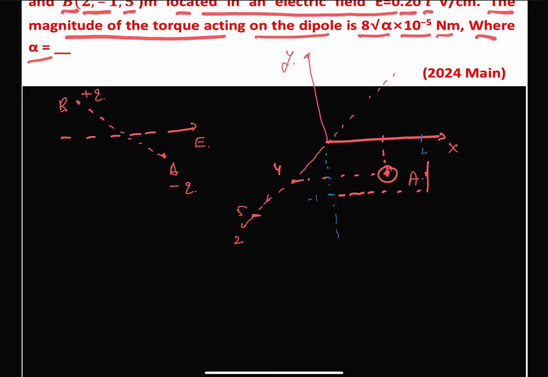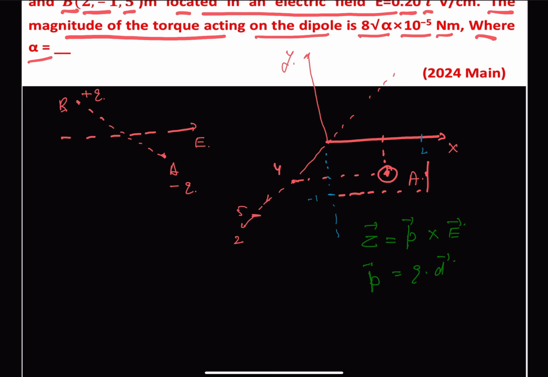First of all, we are going to find out the dipole moment, and our dipole moment P is equal to charge and distance.